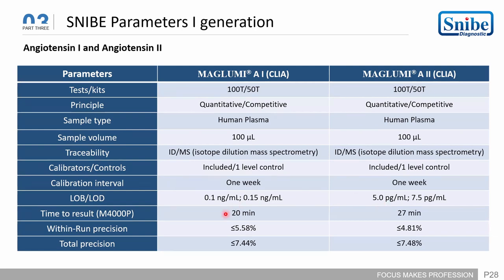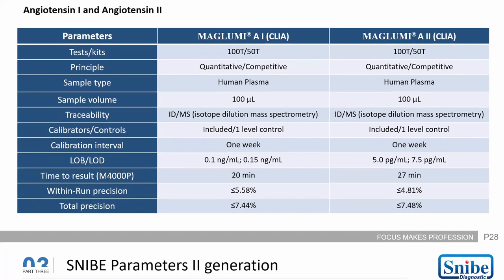The time to result is just 20 minutes on the M2000 and 27 minutes on the M4000P. Within-run precision is less than 5.58%, while for the angiotensin 2 assay it is less than 4.81%. So the total overall precision is less than 8% in the angiotensin 1 and 2 assays, so that can be used.